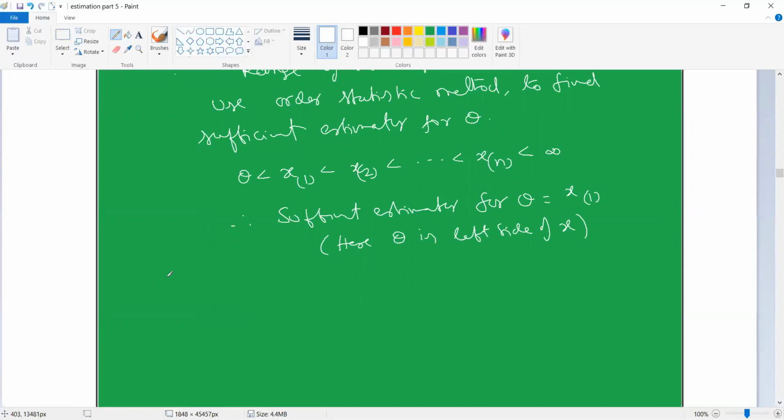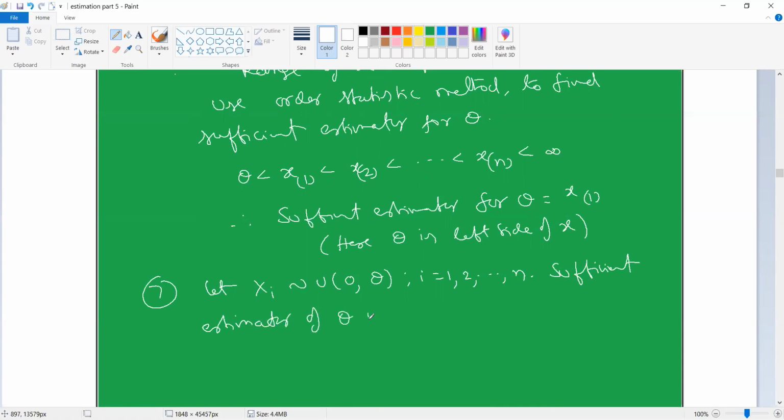So one more example. For understanding purposes, we have to solve as many problems as possible. Let the xi's be IIDs following uniform (0, theta), i equals 1 to n. The sufficient estimator of the parameter theta is dash.